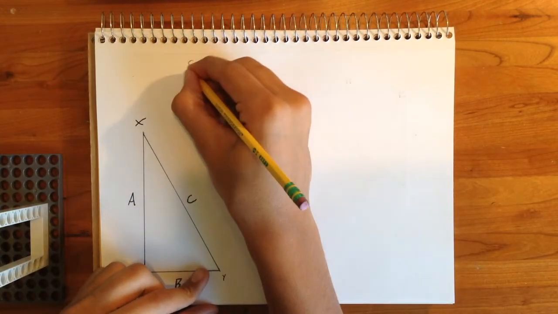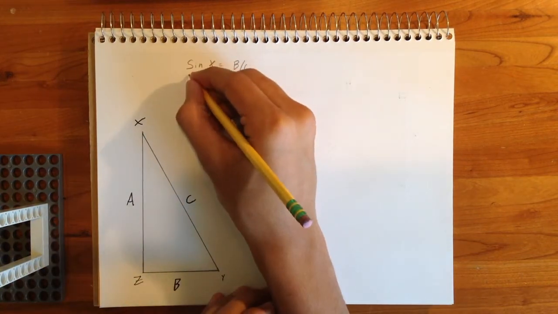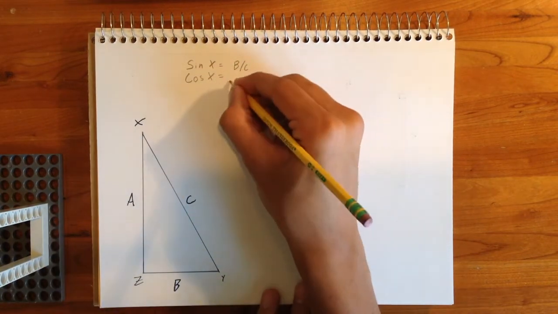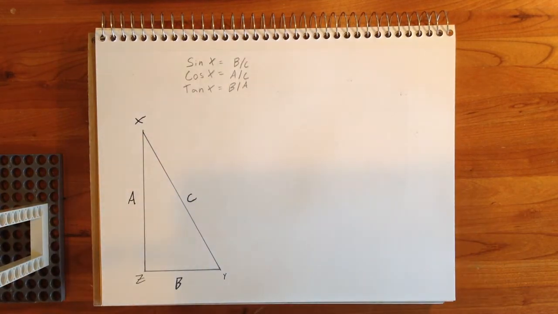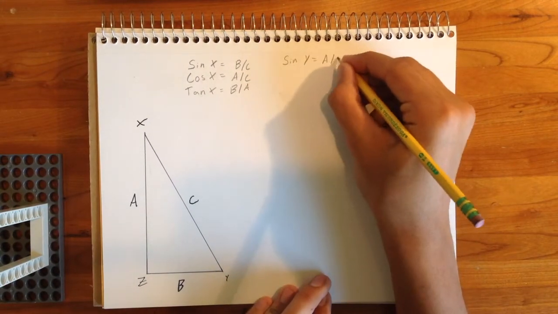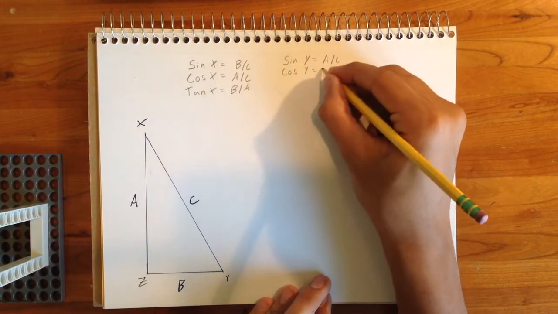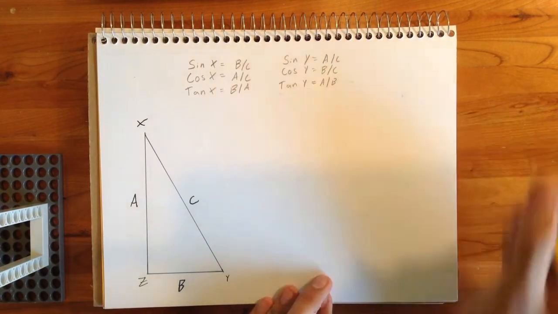So at this point, what we should bring up is not only do we have sine, cosine, and tangent, we also have what's called arcsine, arccosine, and arctangent. These are essentially the inverses of sine, cosine, and tangent, because if sine of an angle is the ratio of two side lengths, then the arcsine of the ratio of two side lengths gives you the angle measurement. Here's what I mean by this.